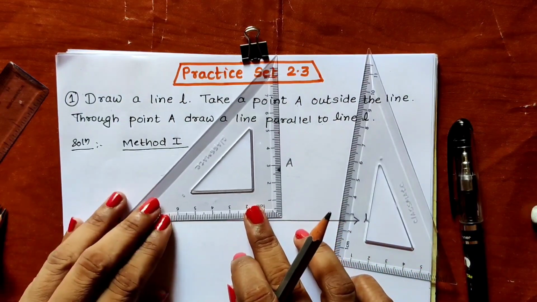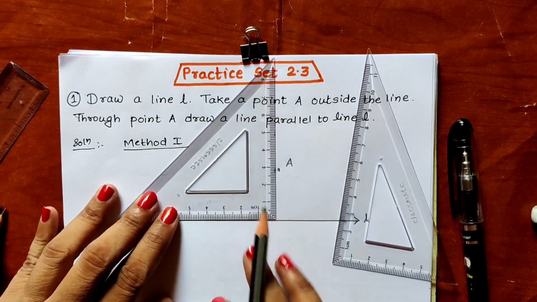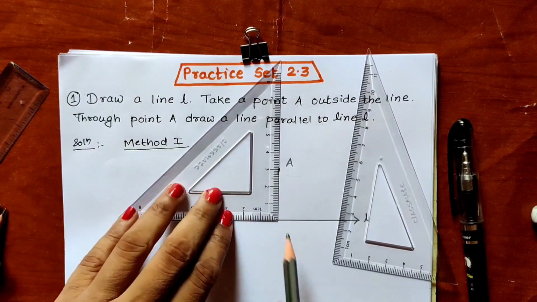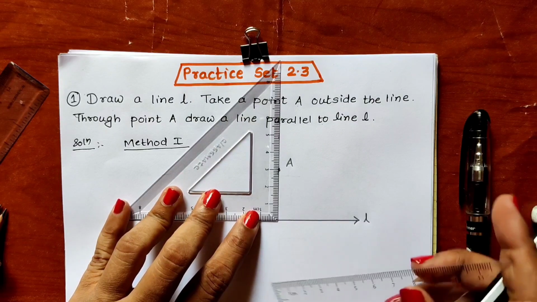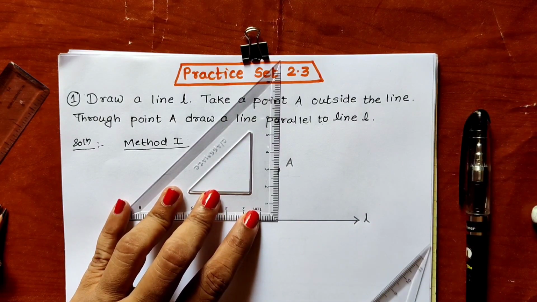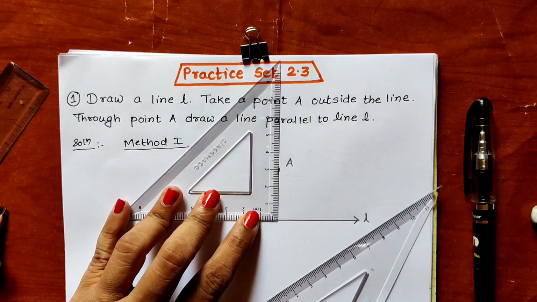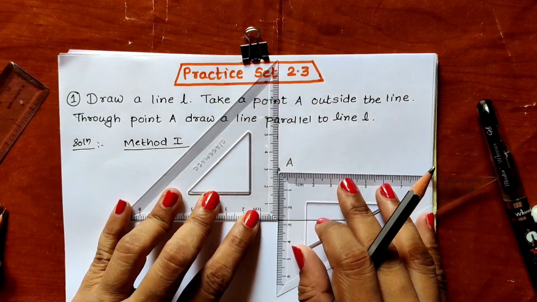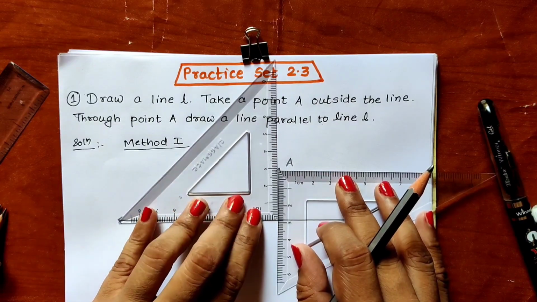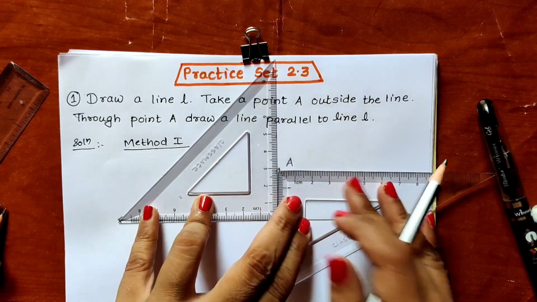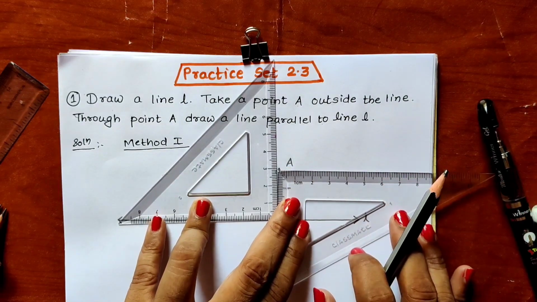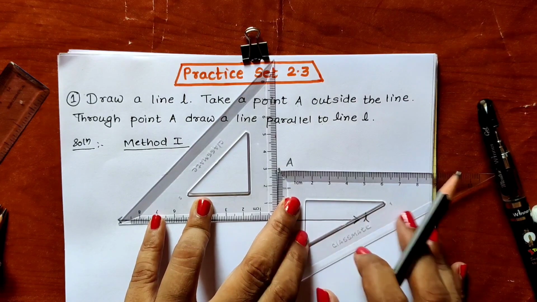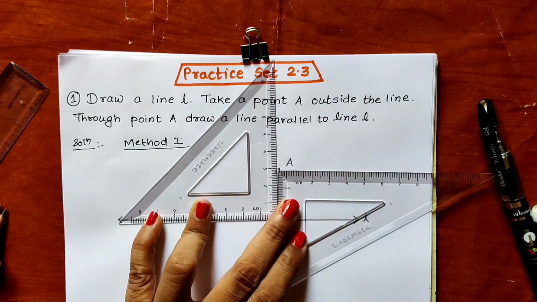The base should match with this line and the height should pass through point A and the other set square can be placed in this way, so that we can draw a horizontal line passing through this point A with the help of this second set square. In this way also you can place this set square. Here it is shown in the diagram.